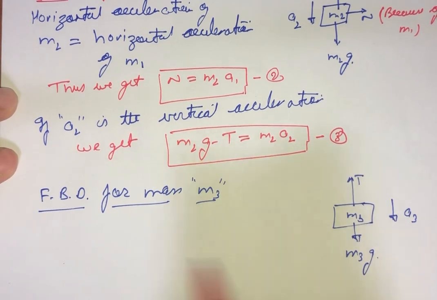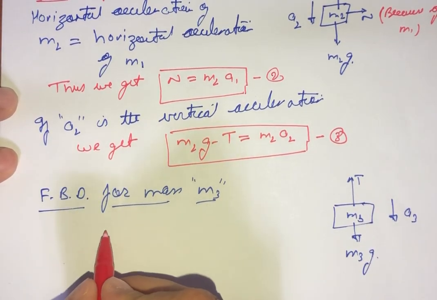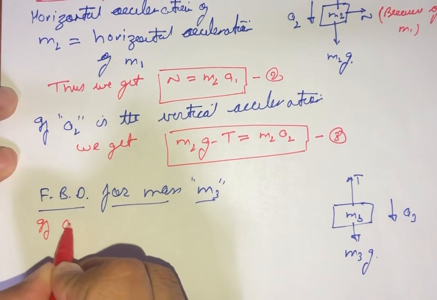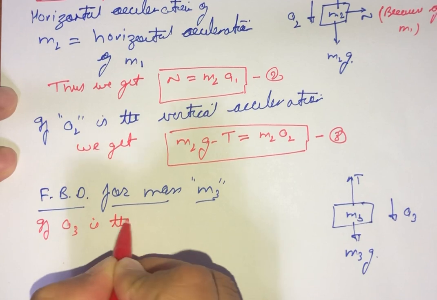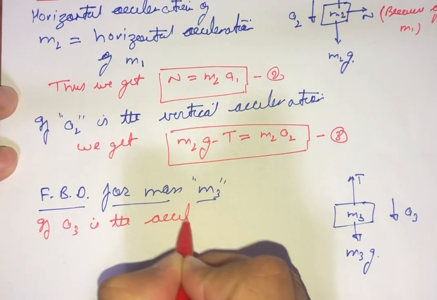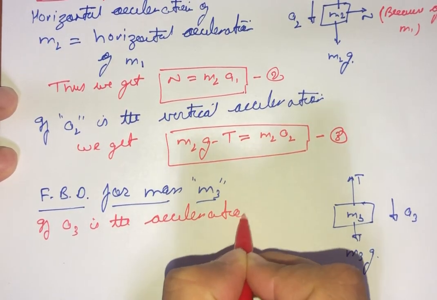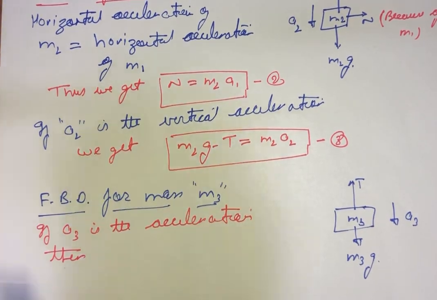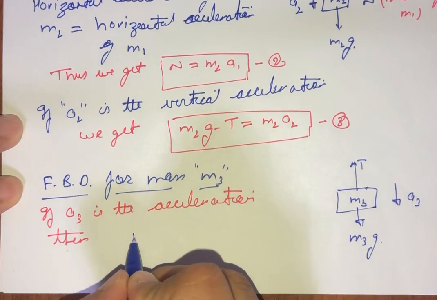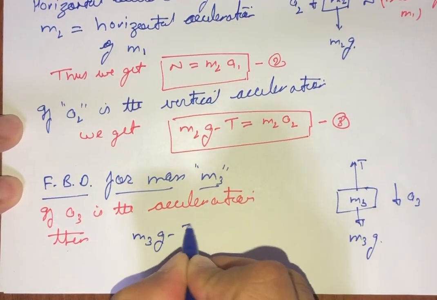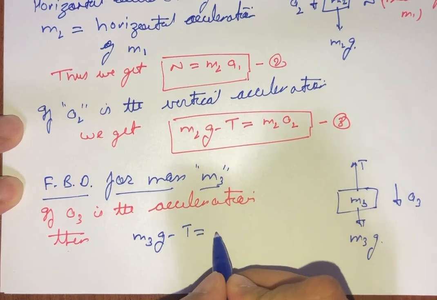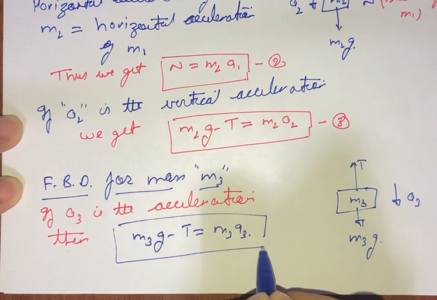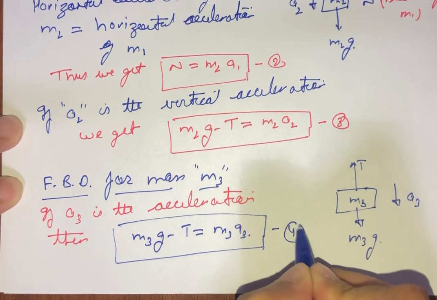So we get, if a3 is the acceleration, then m3g minus T will be equal to m3 times a3, and this is equation number 4.